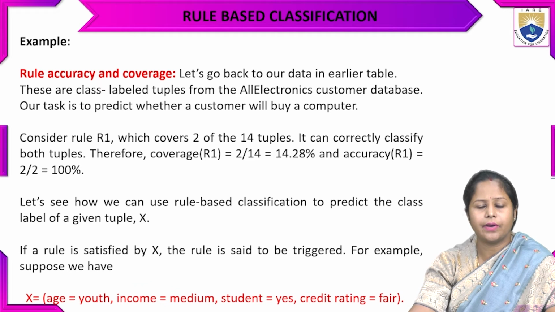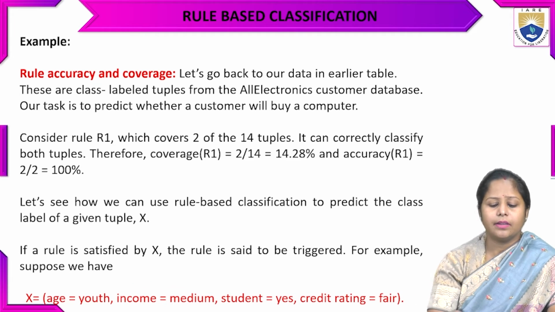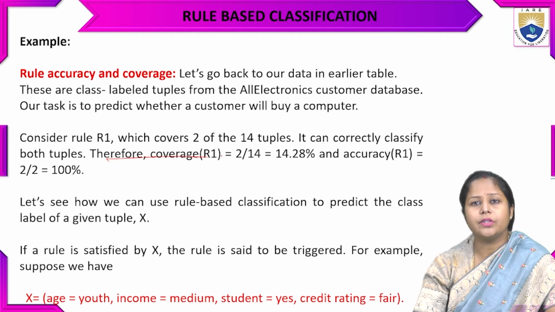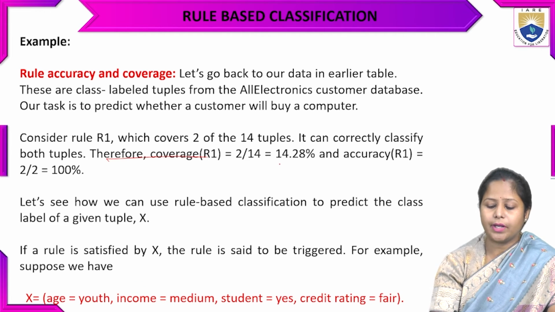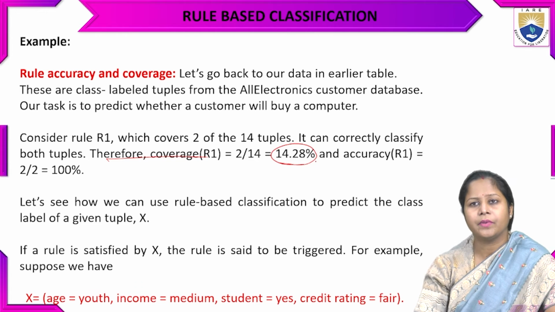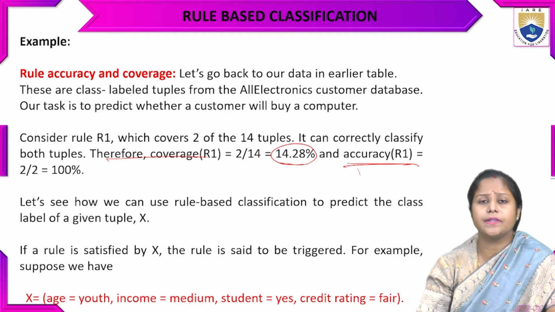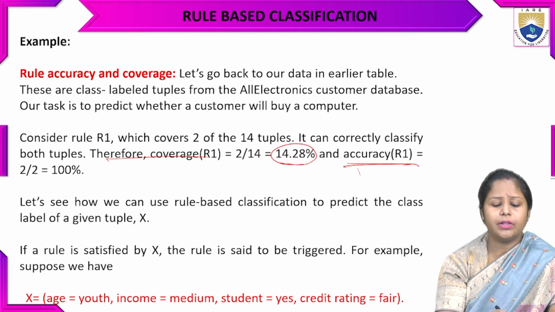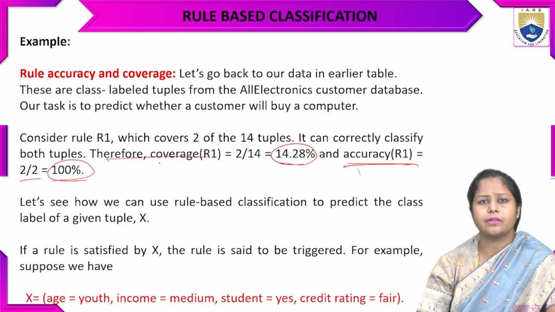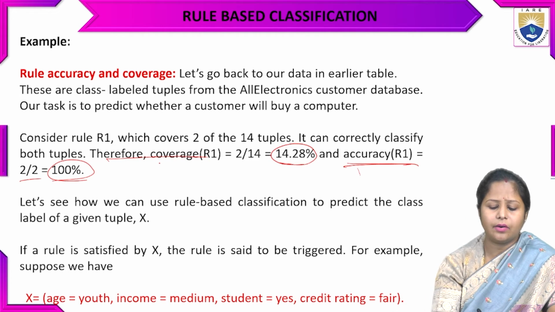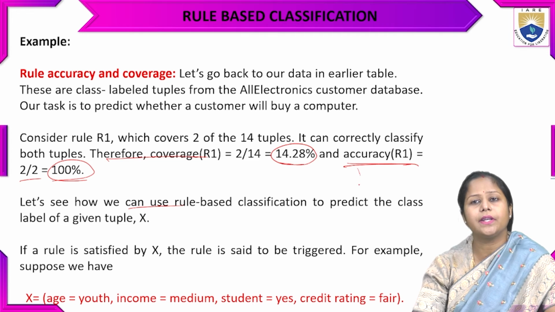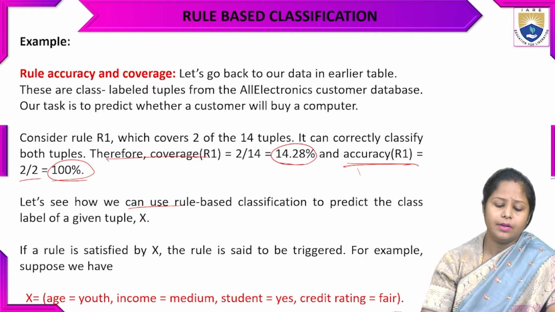It can correctly classify both of the tuples. Therefore, the coverage of R1 is 2 upon 14, that is 14.28%, and the accuracy of R1 is 2 upon 2, that is 100%.